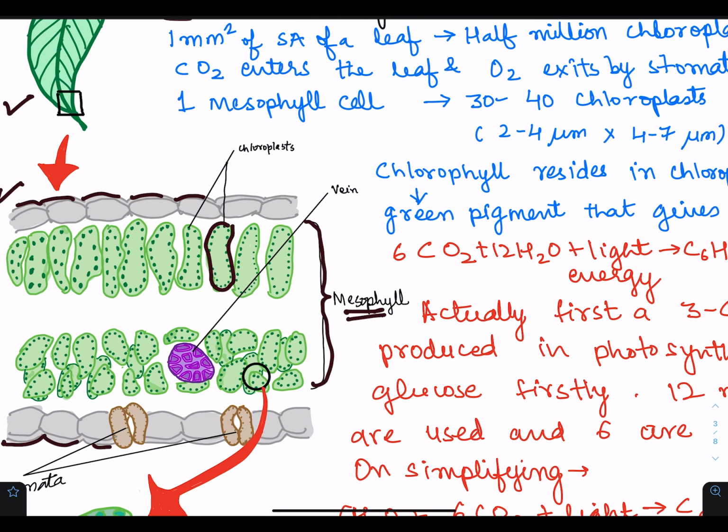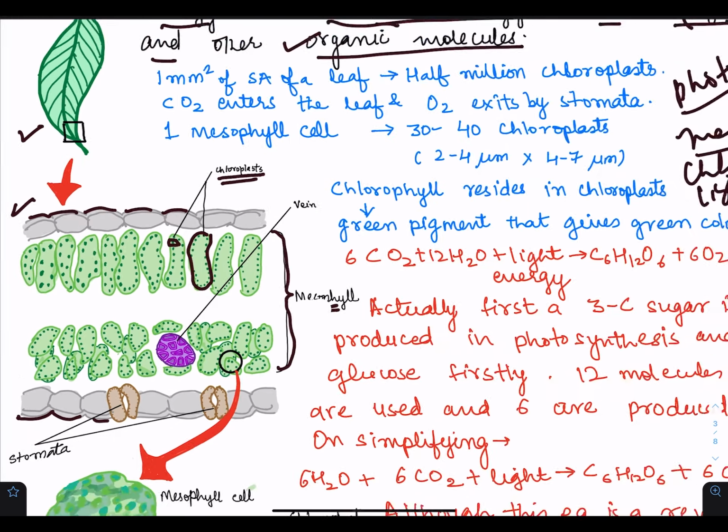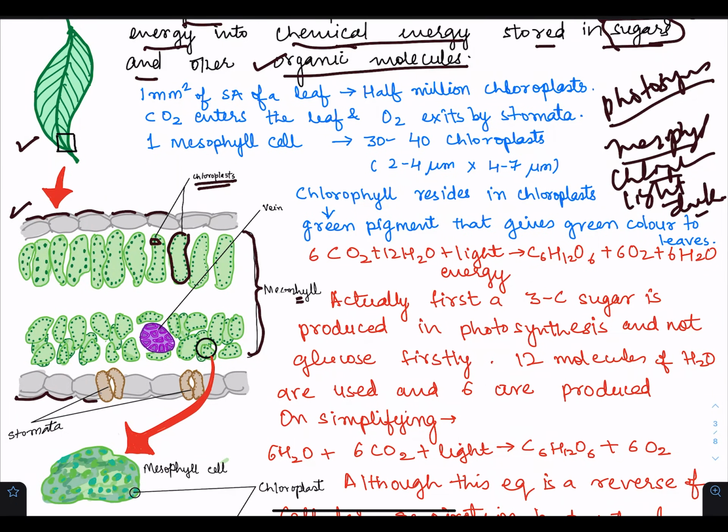These green colored dots, they are actually chloroplasts. So where chloroplasts are lying, we should know first of all, they are lying in the mesophyll cells of a leaf, and 1 millimeter square of a surface area of a leaf can contain as much as 500,000 of chloroplasts, right?